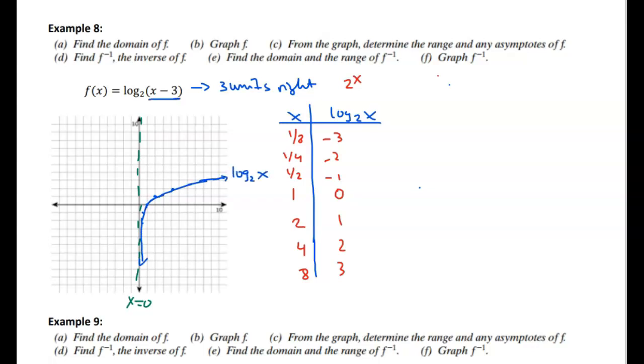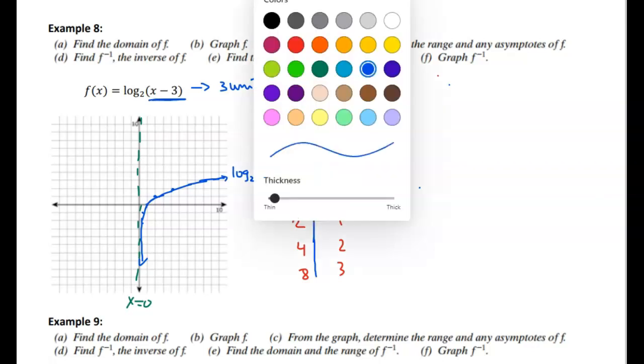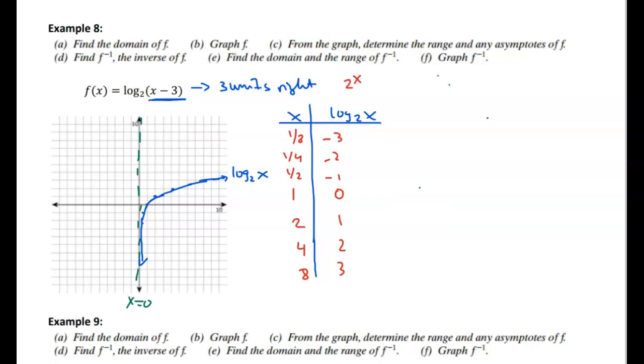All right, now let's transform it. The x minus 3 is moving everything 3 units to the right, including the vertical asymptote. So the vertical asymptote moves to x equals 3, and then you add 3 to all the x values.